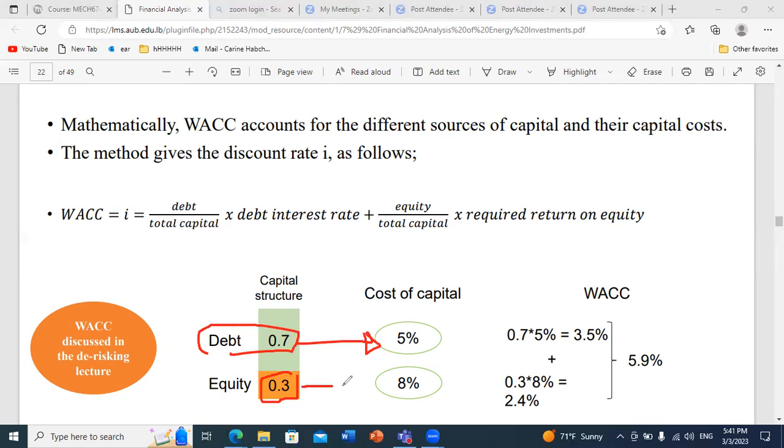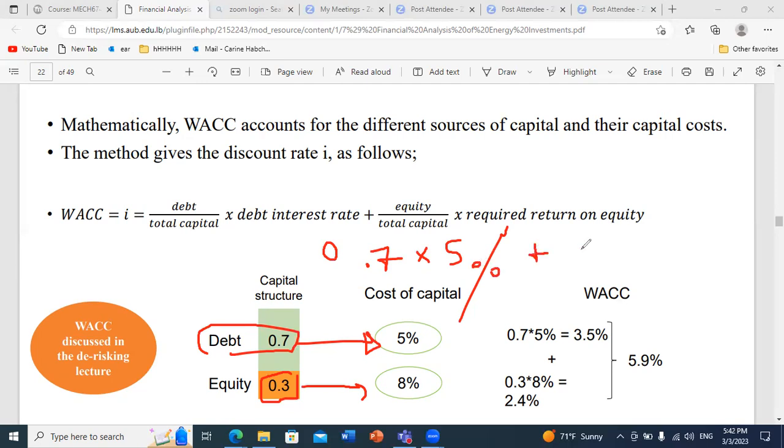Then the overall value of the discount rate will be as follows. Because you have here 70% of debt, you should multiply 70% by 5%. So this is the contribution of the debt part in your discount rate, 0.7 times 5%, plus the contribution of the money you are putting.